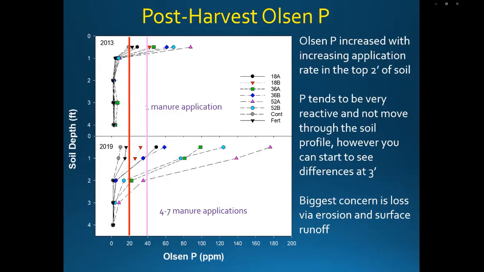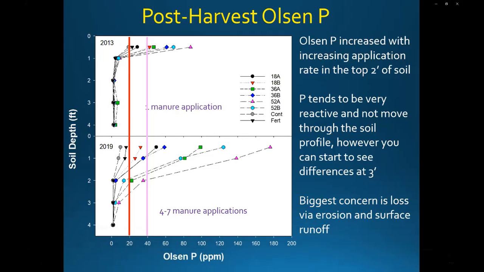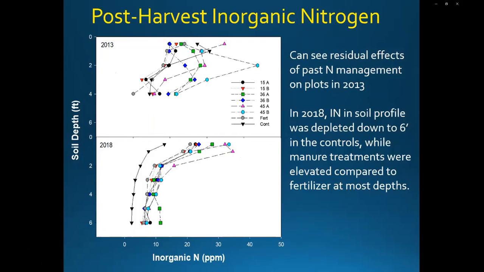And after 4 to 7 manure applications, only one treatment, which was the lowest rate, applied every other year, so only 4 applications, was still below the threshold. So it's pretty easy to build up your soil test P, even when you're using what we would consider fairly low rates of application. So it's really important to keep track of how much manure is going on, how much phosphorus is going on, and how much is coming off the field with your crop.